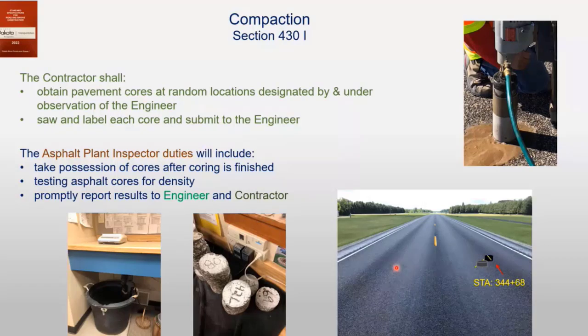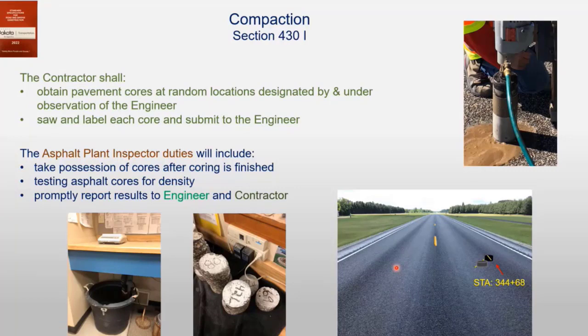So one of the things then also is compaction. At the end of the day, Brian, for instance, or the paving inspector, is going to go out and mark out cores, and then the contractor is going to core them in our presence, and then we're going to take possession of them and bring them into the lab.